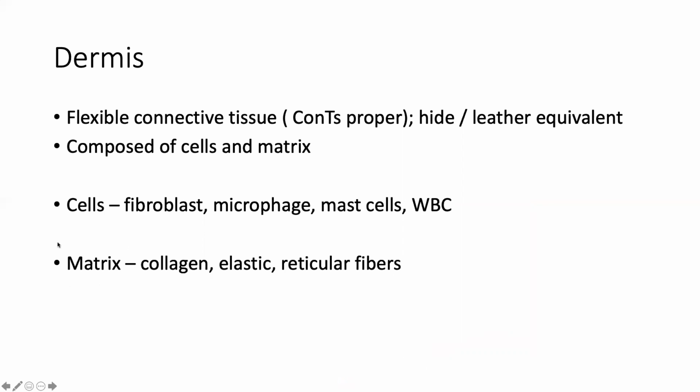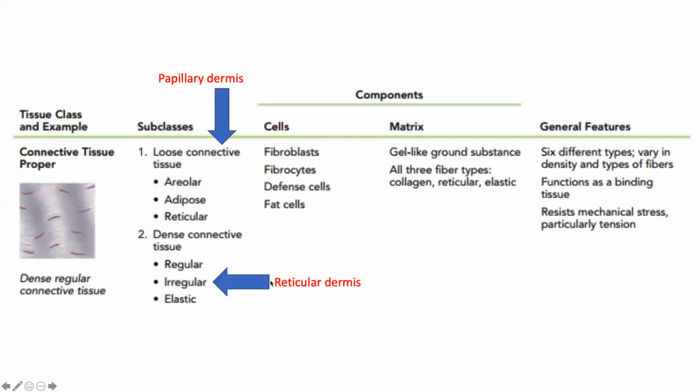The matrix is areolar matrix, like collagen, elastin, and reticular fibers. So if we look at that, papillary dermis is made of loose connective tissue. Reticular dermis is made of dense connective tissue.